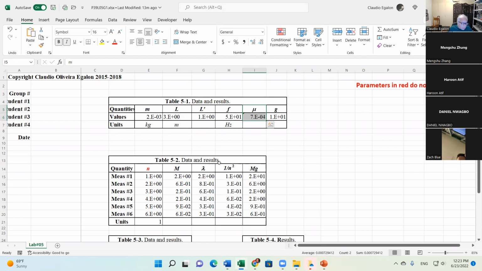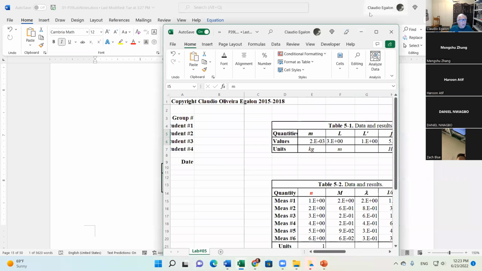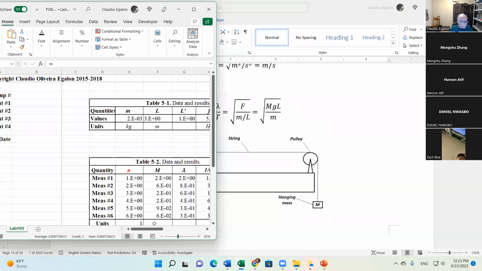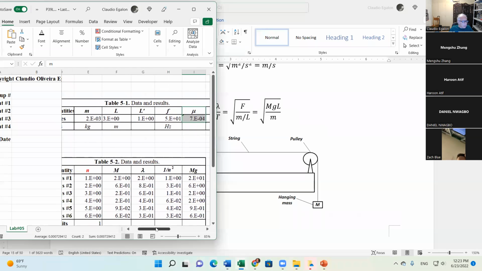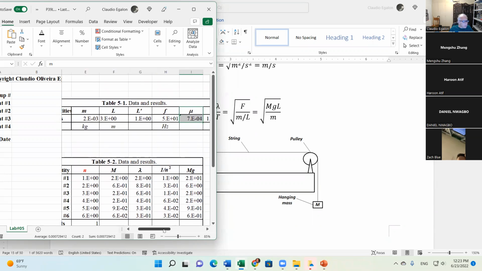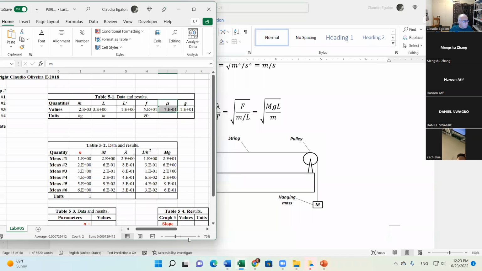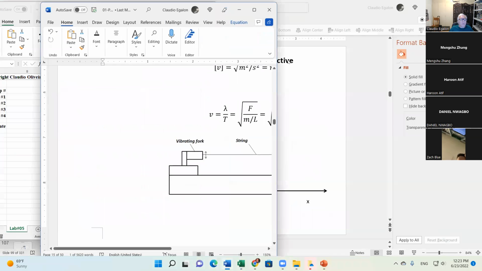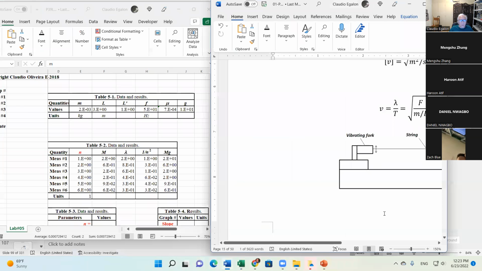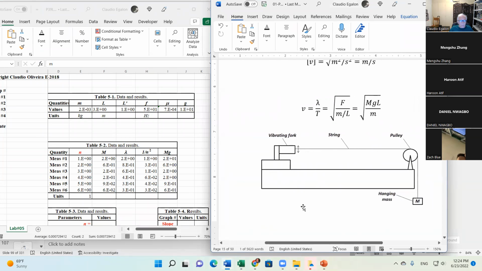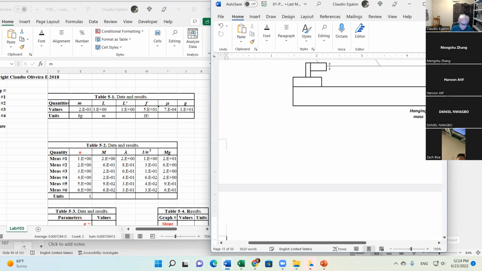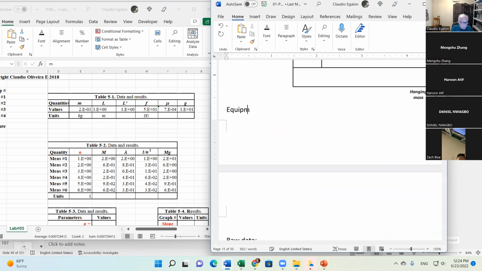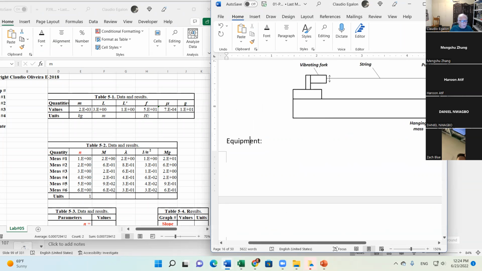Okay, so let's go through the whole instrument, equipment, right? Here you go, going down. So, one, equipment and materials.